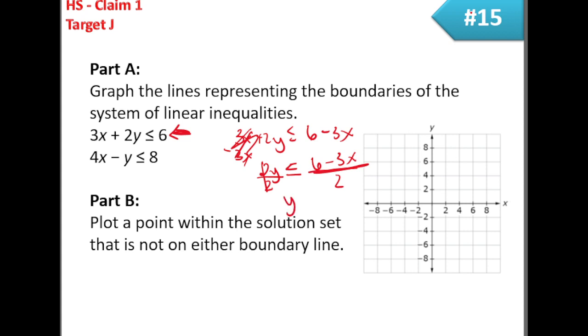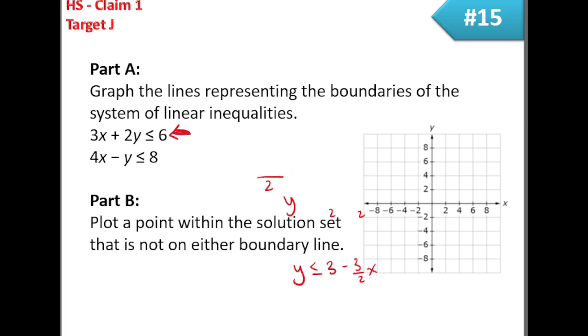So that becomes y less than or equal to, and I can separate 6 over 2 minus 3 over 2 x. So that will become y less than or equal to 3 minus 3 over 2 x. Okay, so this is y less than or equal to -3 over 2 x plus 3. So I just rearranged it so that it's y equals mx plus b.